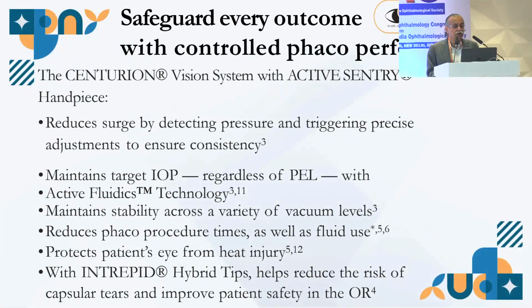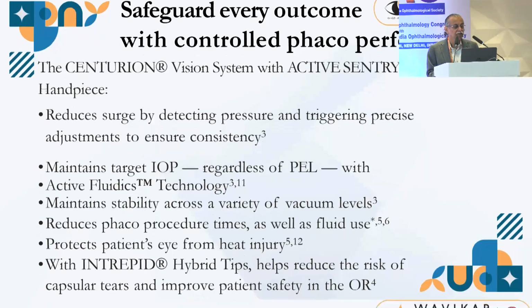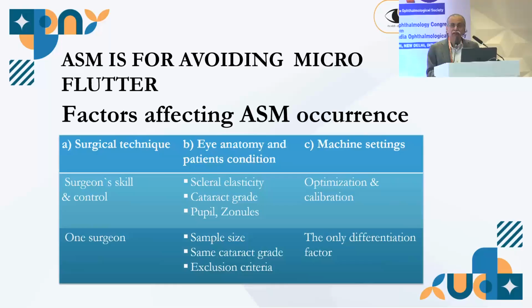In Centurion, we have Active Sentry, that is a quick-response technology. That means there is a shortcut for the reflex mechanism, and therefore we have what is called ASM, active surge mitigation. Even if there is a microflutter, ASM kicks in and that is avoided.